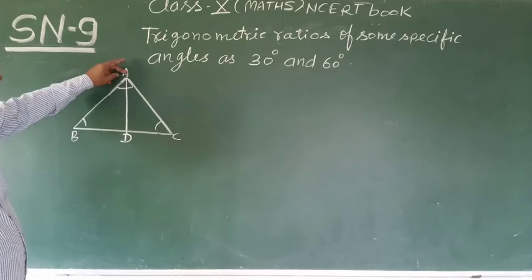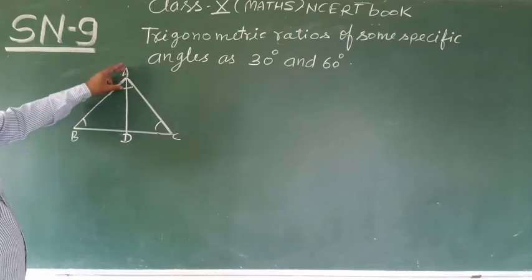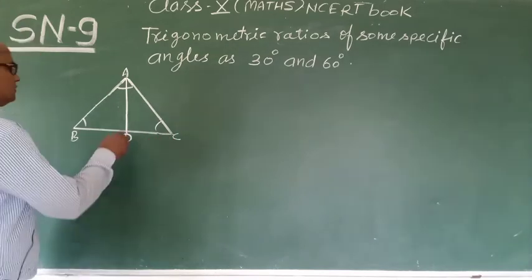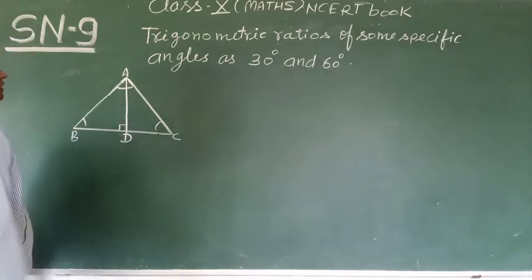Thus AD, the perpendicular line, divides the side into two equal parts.